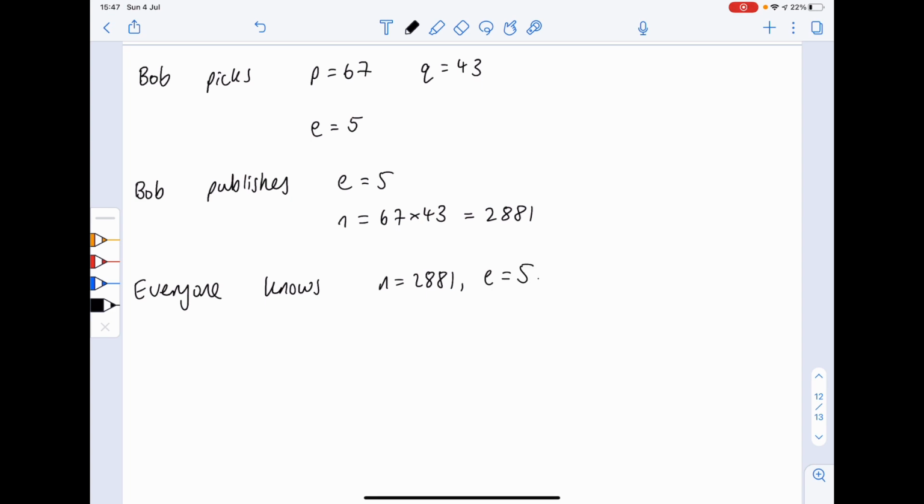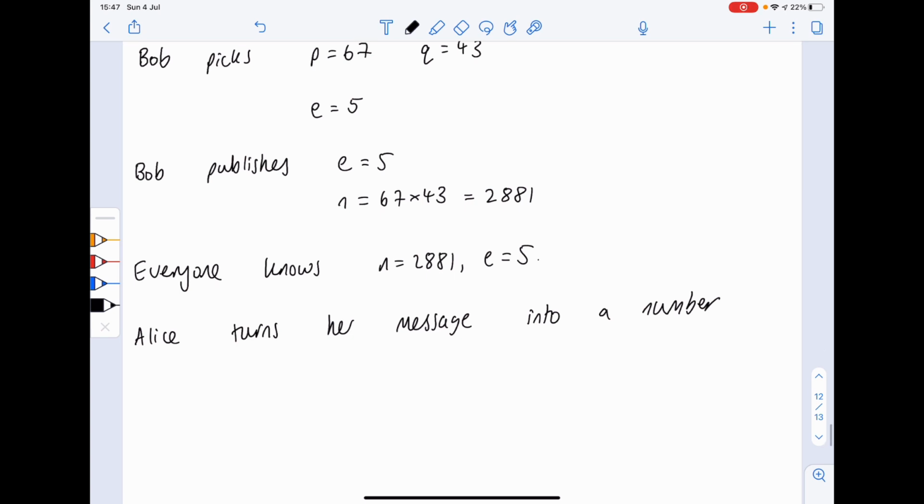Okay, so Alice turns her message into a number. We're not going to know what this message is because we're working from Bob's perspective. She's going to split it up into 3 different parts.